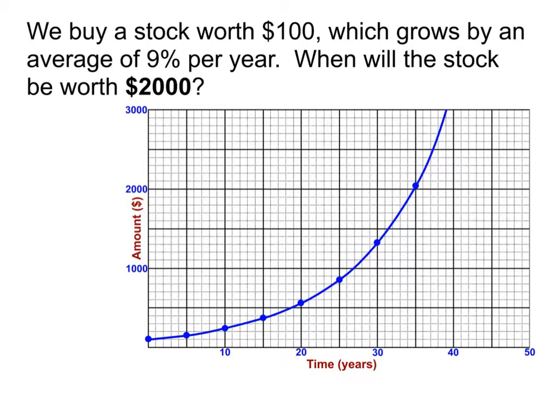And one last one, since we already have the graph sitting there in front of us. When would the stock be worth $2,000? You hold up your ruler so you can easily see the line for where the 2,000 is. And so we're looking for that point. Looks like it's between 39 and 40. I'd say, I'm sorry, 34 and 35.